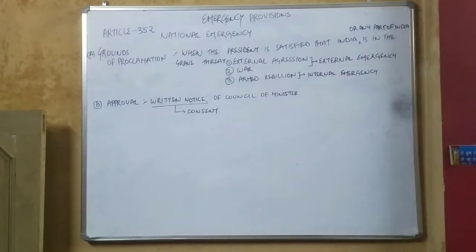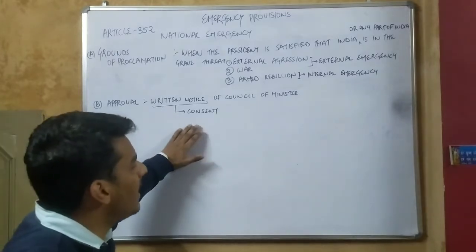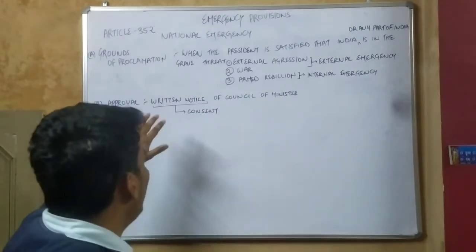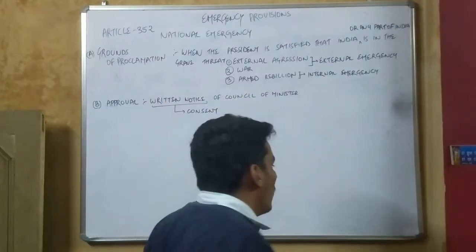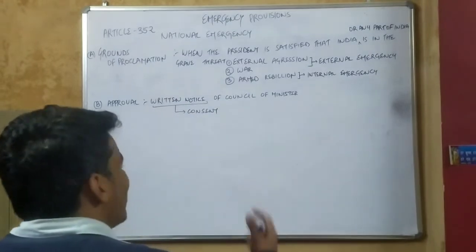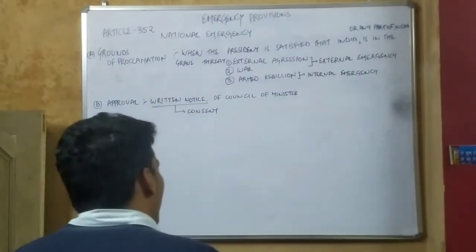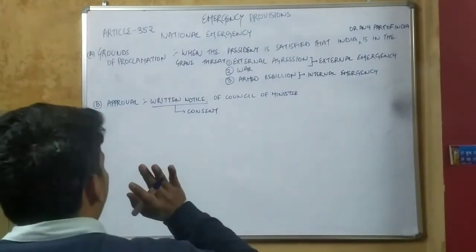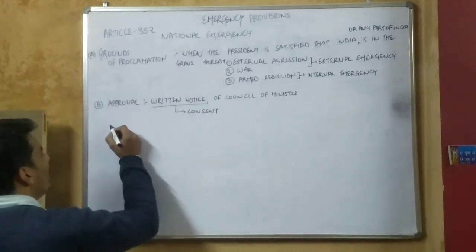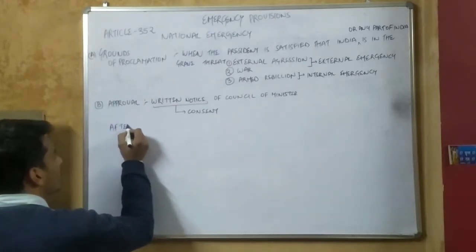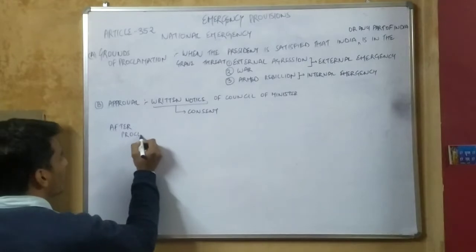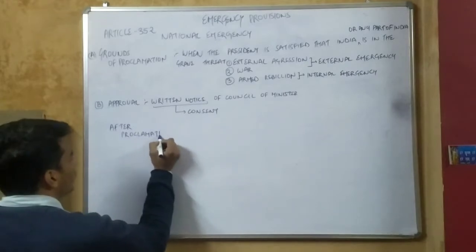So what happens when there is a proclamation? There is a written consent which is signed by the Council of Ministers, and now this consent is given to the President. Now, what will happen? The President is satisfied that there is a grave threat and the emergency has been imposed. Now what? Now, after proclamation, what happens?